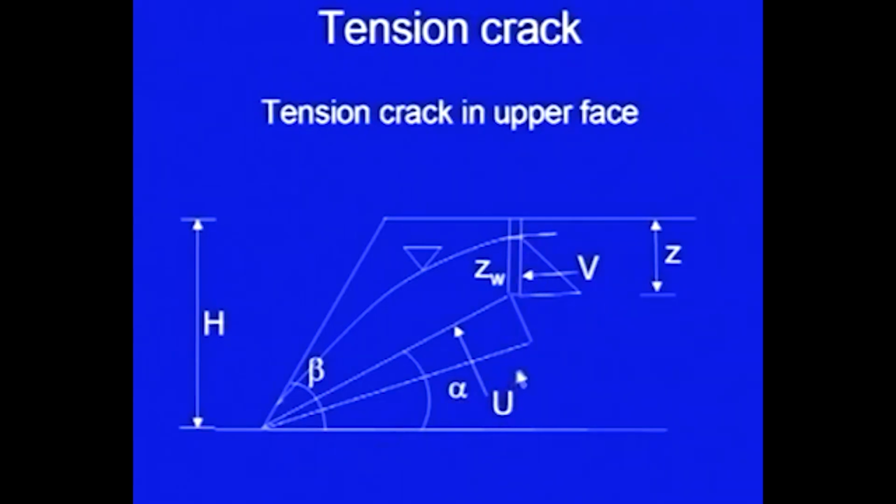So, this U was the pressure acting on this sliding plane, and then we considered the same thing. The weight of the wedge was acting in the downward direction, its components were considered normal to the sliding plane and also tangential, and then we found out the factor of safety.